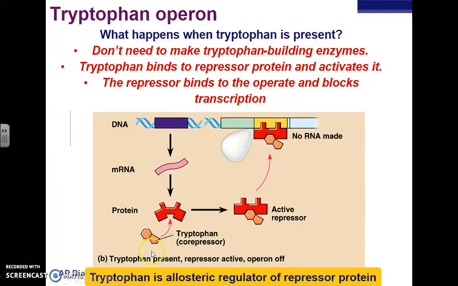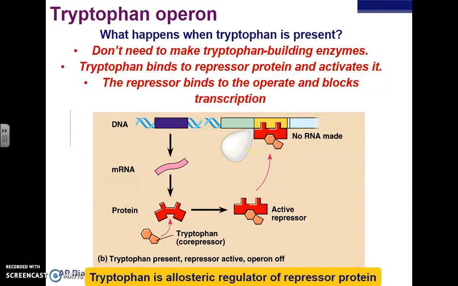When tryptophan binds to the repressor protein, it changes its shape. But instead of deactivating it, like you think of an inhibitor, when tryptophan binds to the repressor protein, it activates it and then allows it to bind to the operator, which allows it to block transcription.